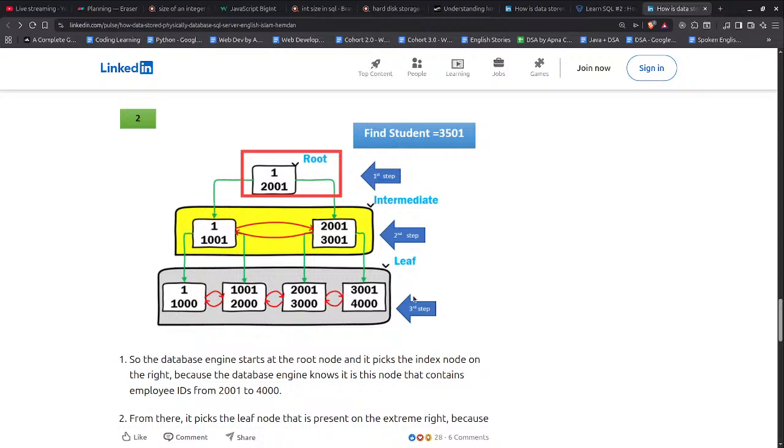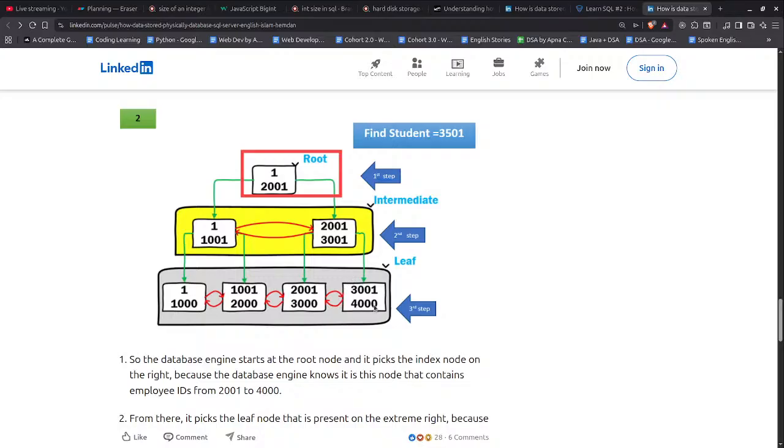Once the range is calculated, if we have 3501, we come here and see whether 3501 is greater than 2000, whether it is greater than this range or not. It is greater than this range, hence I'm sent here. Then I'll see if it is greater than this range or not. It is still greater than that, so I'll come here, and we'll see if it is greater than this range or not.